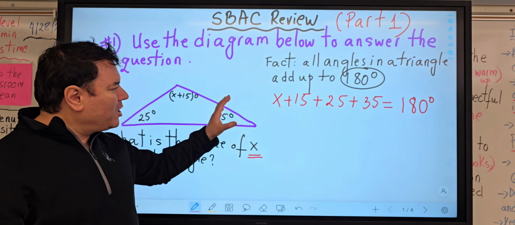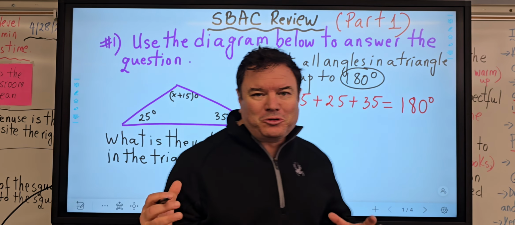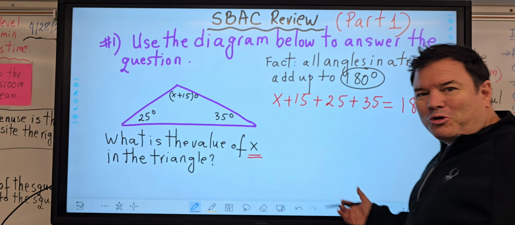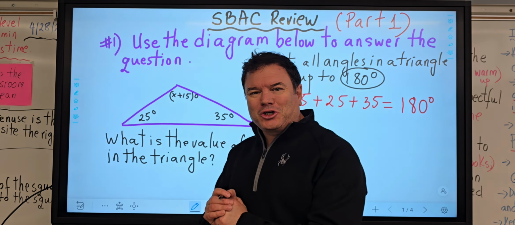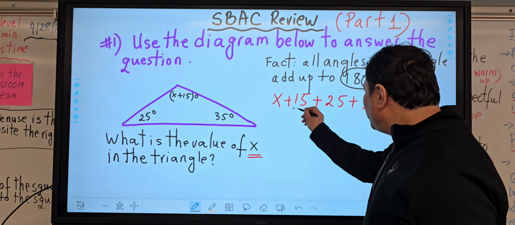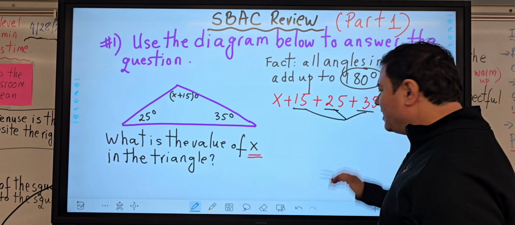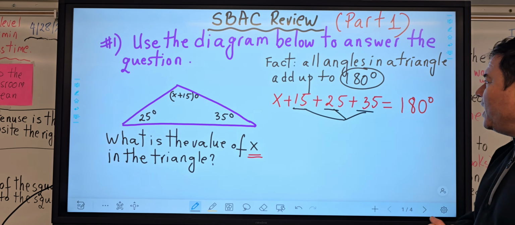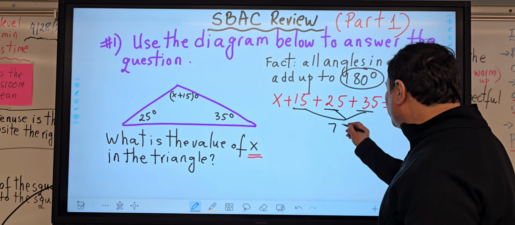And now we are going to combine the like terms, and now we need to know how to solve this equation, this multi-step equation, which has like terms, and in this case we need to combine 15 plus 25 plus 35 first, and then see what we get. 15 plus 25 we get 40, and then 40 plus 35 we get 75.